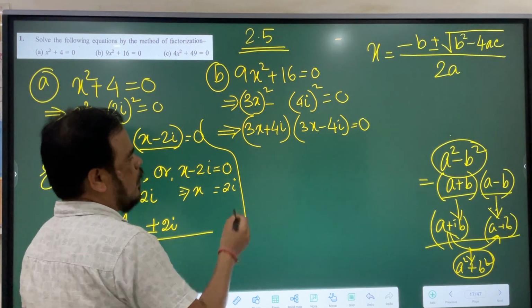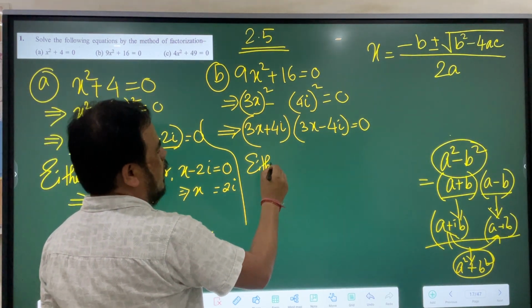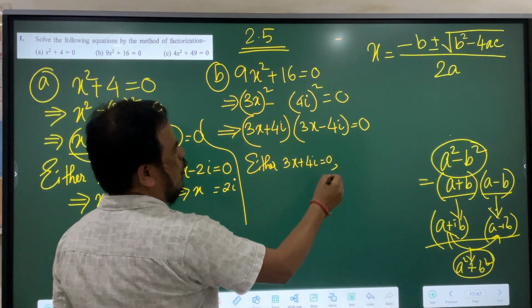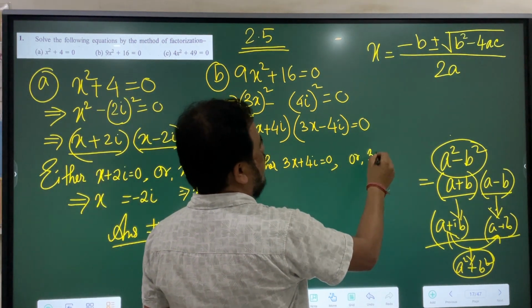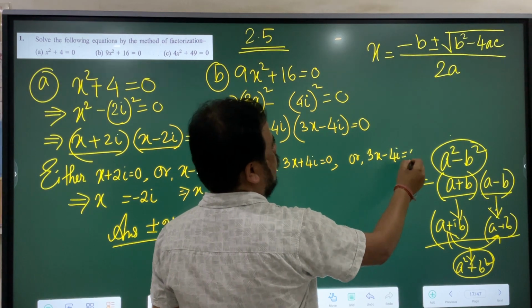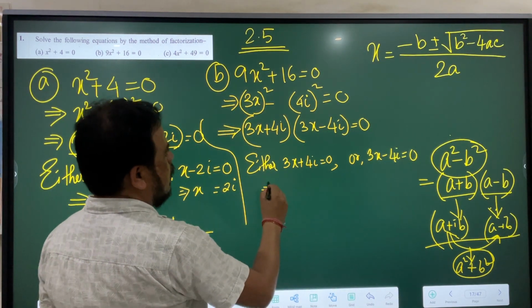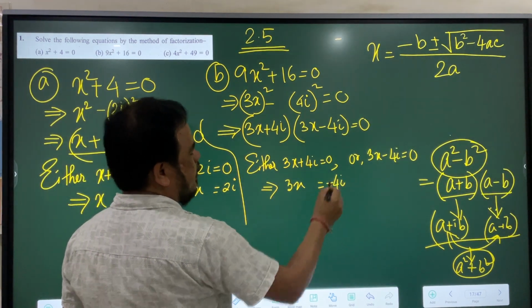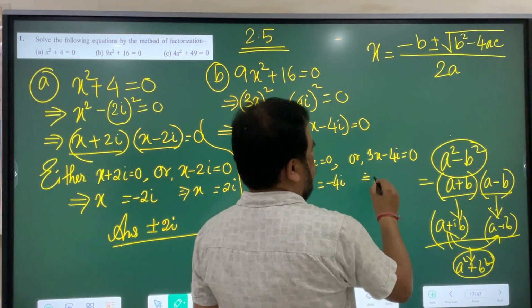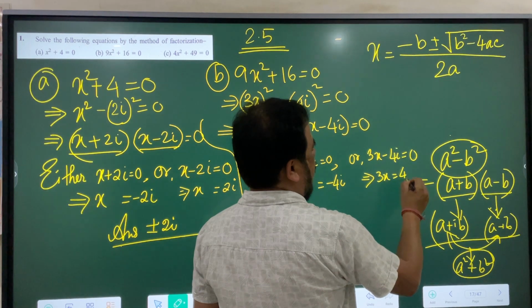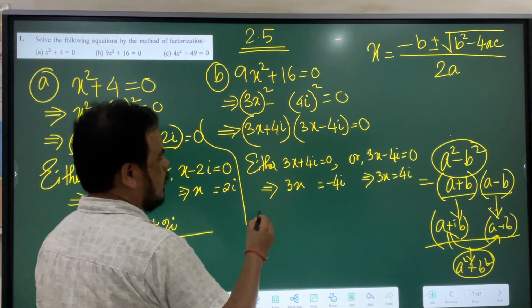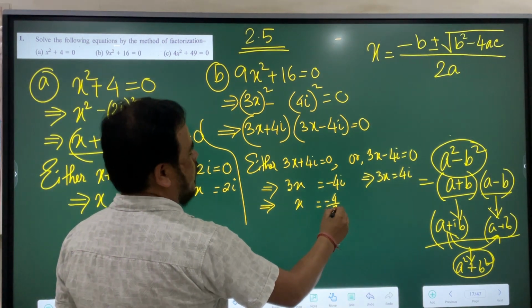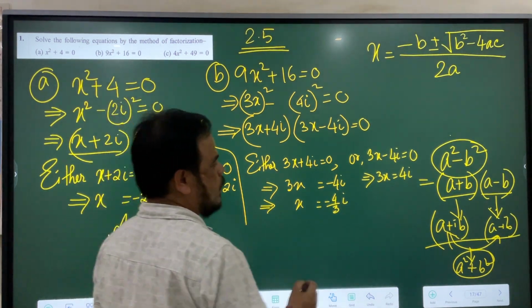So again either 3x plus 4i equals 0 or 3x minus 4i equals 0. So 3x equals minus 4i, 3x equals plus 4i. x is equal to minus 4 by 3 i.